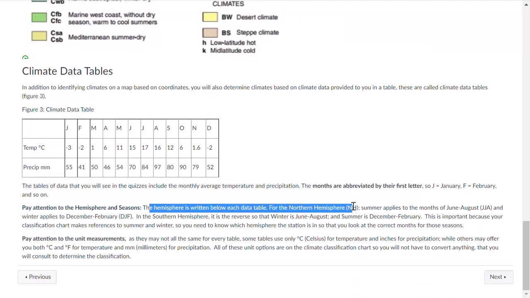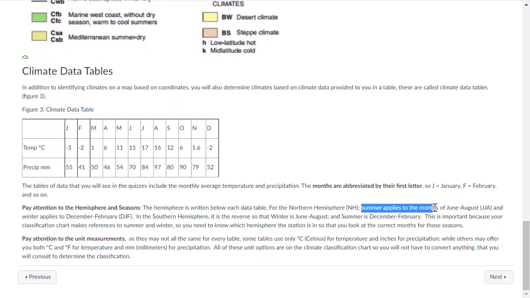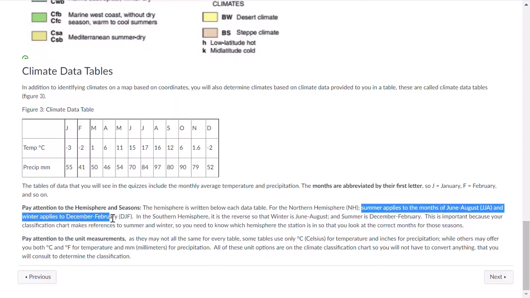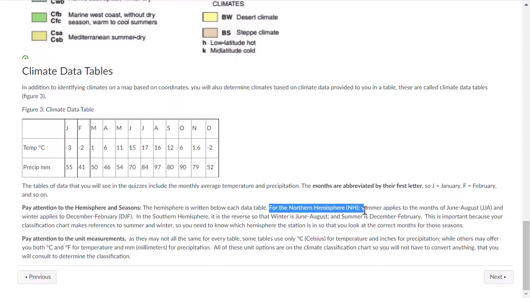So for the northern hemisphere, it's always going to say NH. And this will again be summarized when you get to the lab, but summer applies to the months of June through August, so June, July, August, and winter applies to December through February, December, January, February, and this only counts for the northern hemisphere, right? So this is what we are used to.